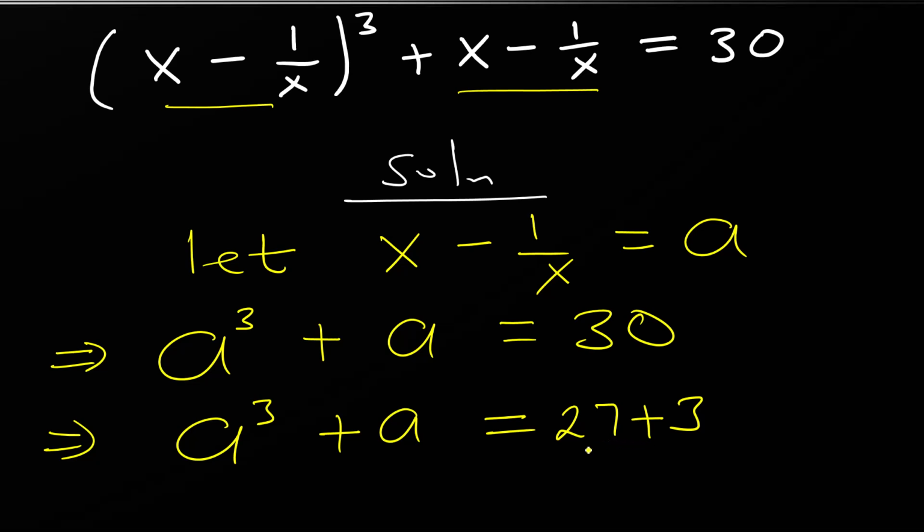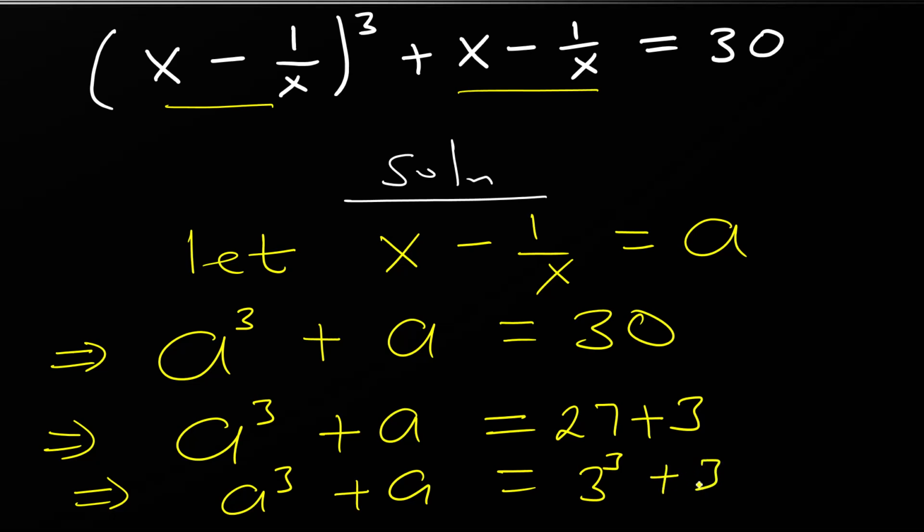As simple as that. So from here, I can write this as a cubed plus a equals 3 to the power 3 plus 3. What we are going to do here is to join everything in. I'll send the 3 cubed in and pair it with this one so that it forms the difference of cubes, and this one also pairs with that.